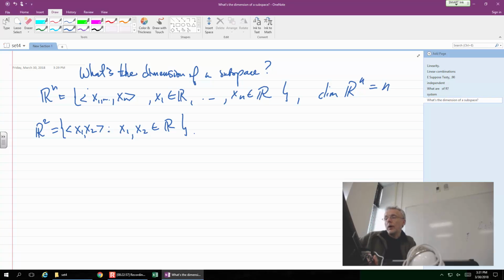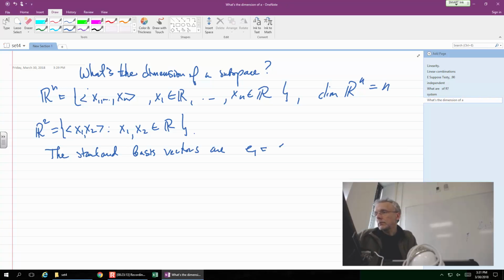So what makes it two-dimensional? The standard basis vectors are E1 equal to (1, 0) and E2 equal to (0, 1). What is so special about these vectors?